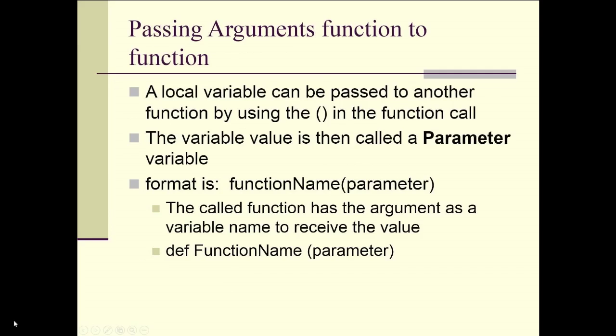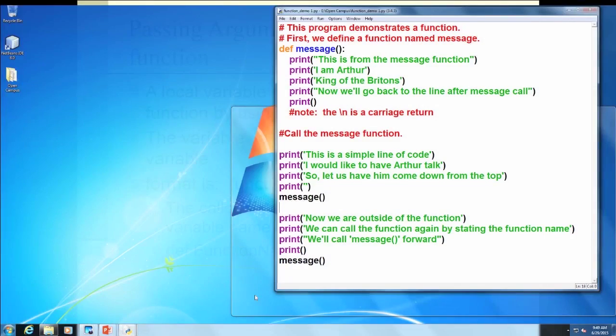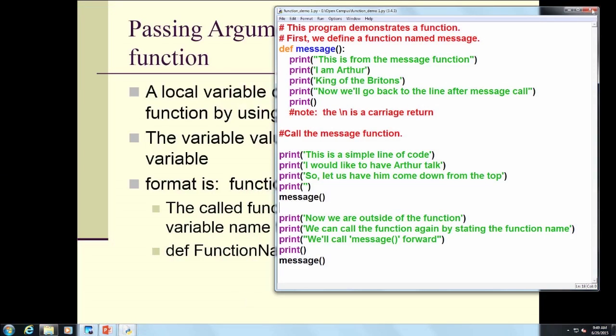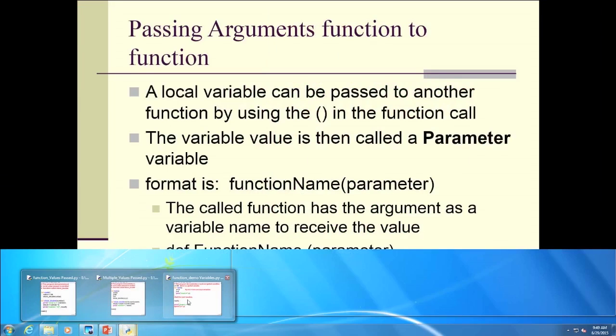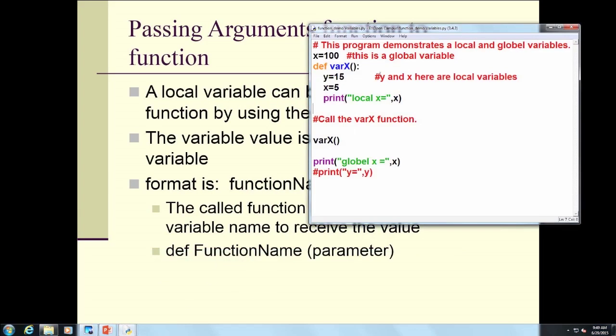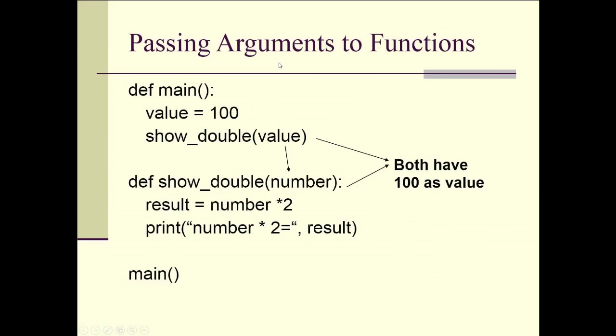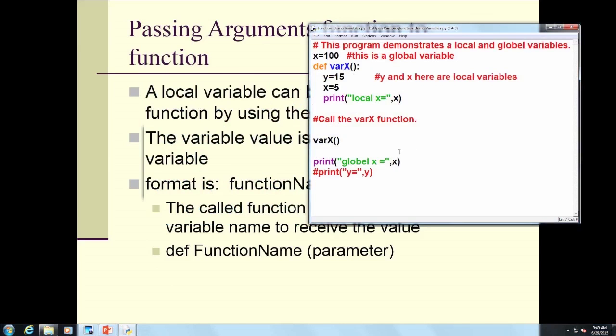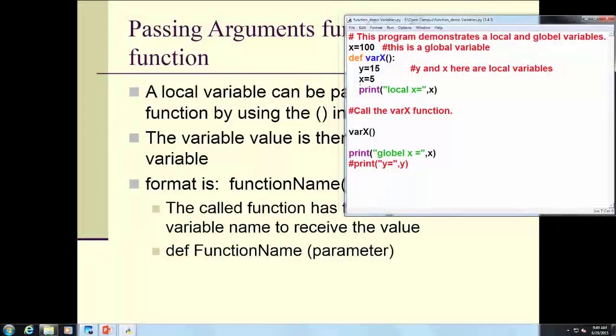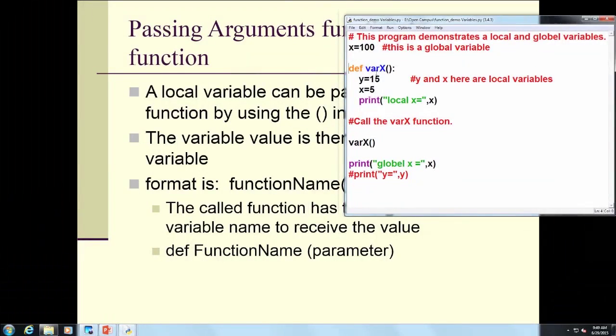Okay, let's take a look at how this works. Here's the same thing in the Python idle, and here's the x equals 100, and of course here we've got a function called def var x, as I mentioned.